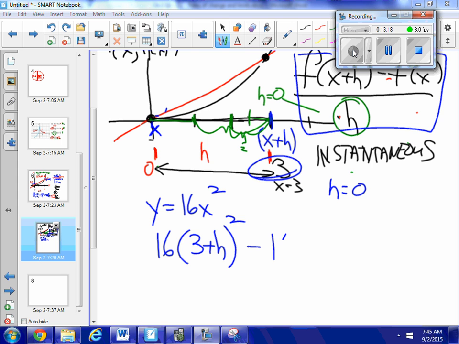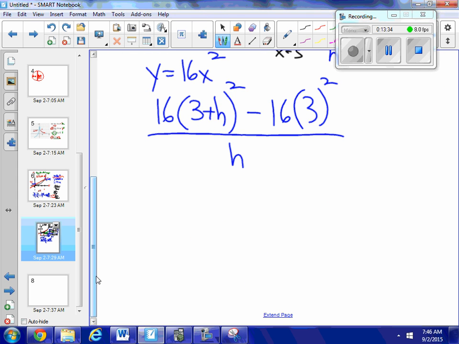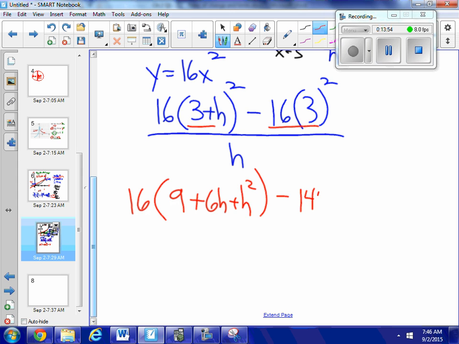Minus 16 times 3 squared, all divided by h. So let's start working this out a little bit. Well, I'm going to first FOIL out this 3 plus h squared. So I have 16 times 9 plus 6h plus h squared minus, I know that 16 times 9 is 144 because we did that earlier.